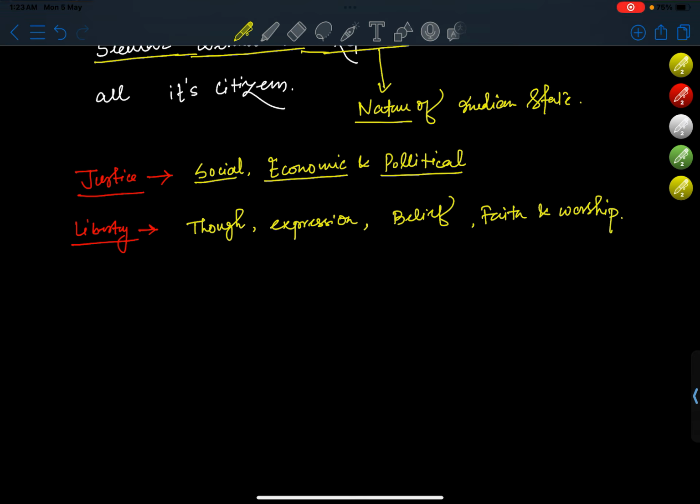These are the different types of liberty that the citizens of India are going to enjoy. Next, equality. The equality that people are going to enjoy is equality of status and opportunity.